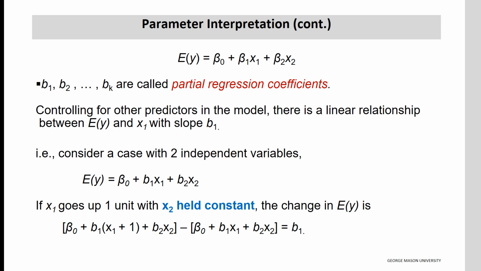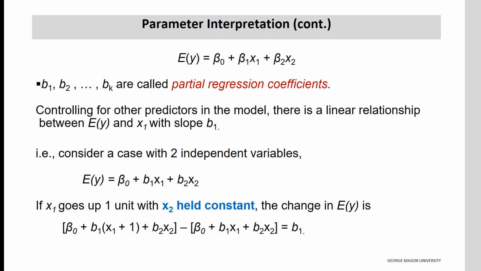Continuing with the parameter interpretation, we are now taking a look at the regression coefficients for the slope associated with each independent variable. We call them b1, b2, or bk, which are essentially the estimates of beta 1, beta 2, beta 3, all the way to beta k.